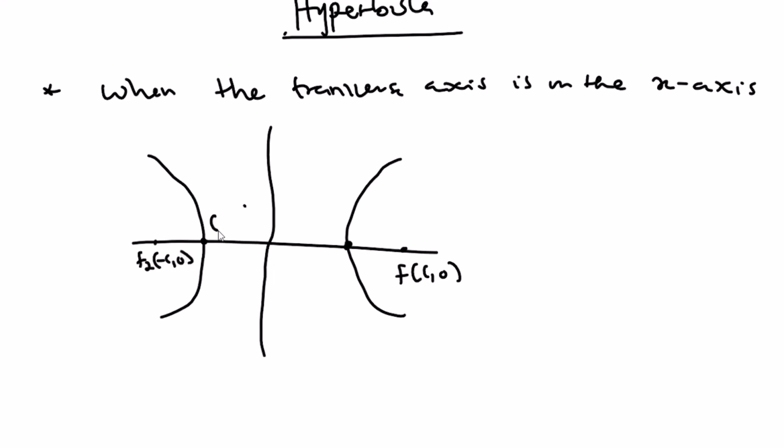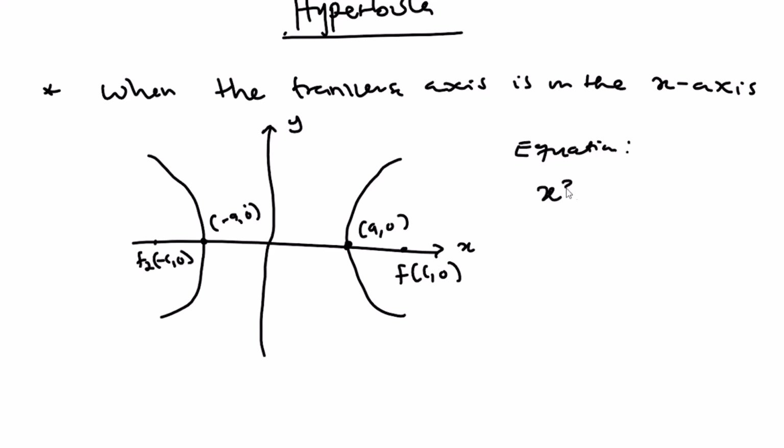The vertices which lie on this, in this case, negative A,0, then we have A,0, this y-axis, this one x-axis.